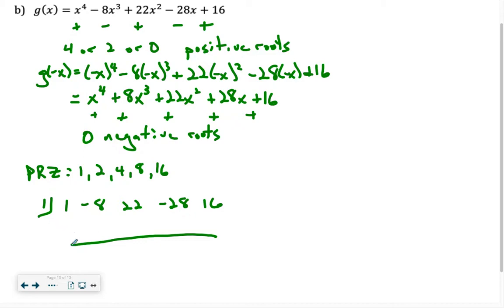and let's synthetically divide. So bring the 1 down, multiply, add, multiply, add, multiply, and add, and we see that 1 is not a root. Let's try 2.